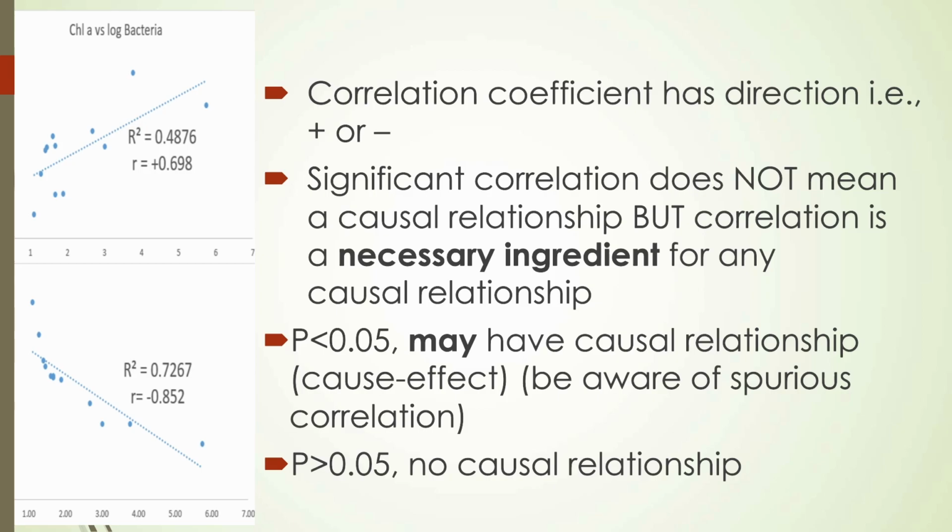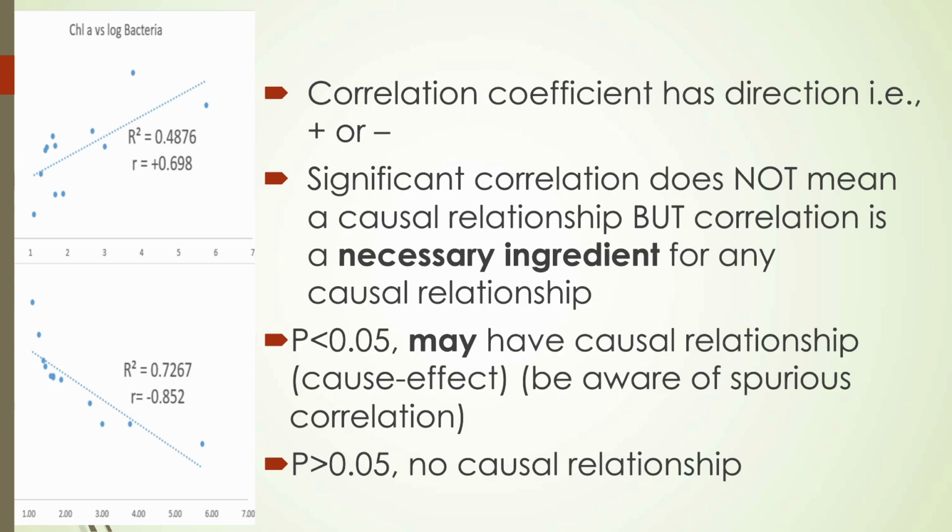For example, the coupling between bacteria and chlorophyll A is a relationship that is generally accepted by the scientific community. But for other pairings, please be careful how you use them, as sometimes spurious correlation occurs. For example, in field studies, chlorophyll A and bacteria may both be influenced by an external factor, for example, a nutrient source.